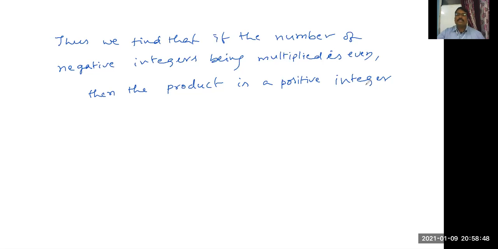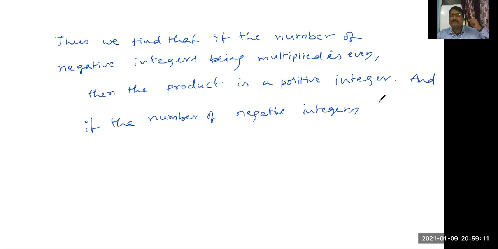Here I am going to teach 7th class, that's why I am clearly writing this, positive integer. And if the number of negative integers being multiplied is odd, we get what?